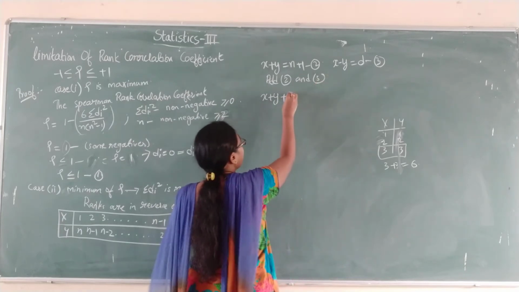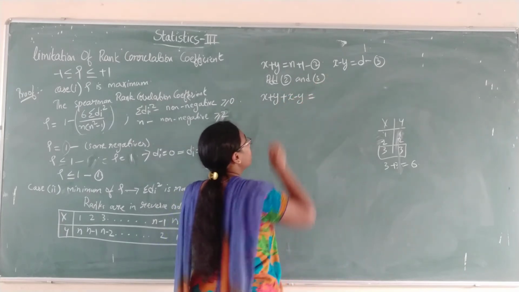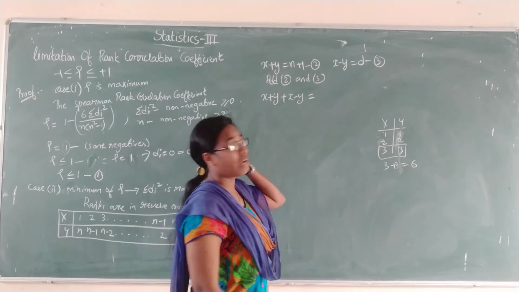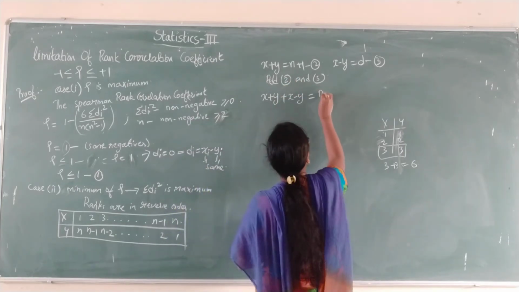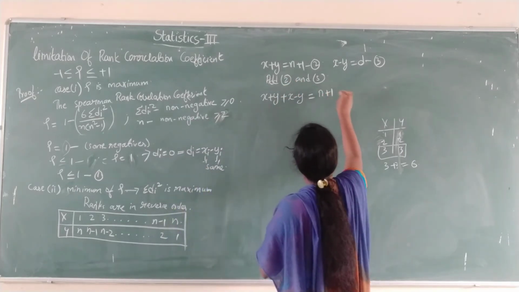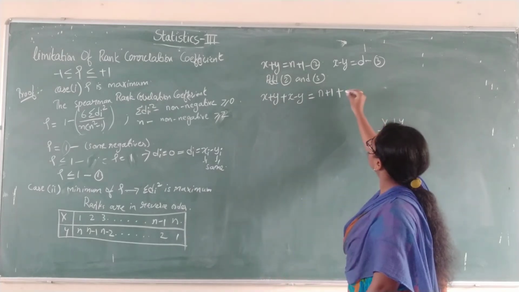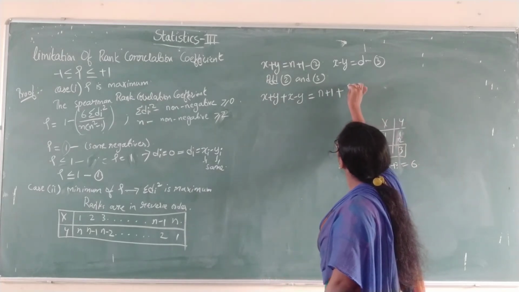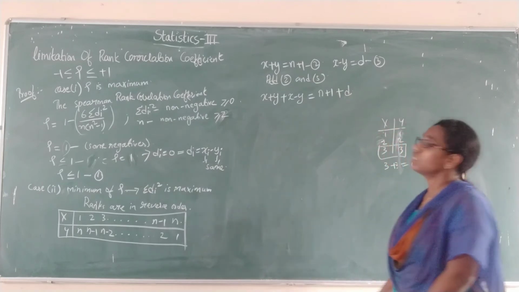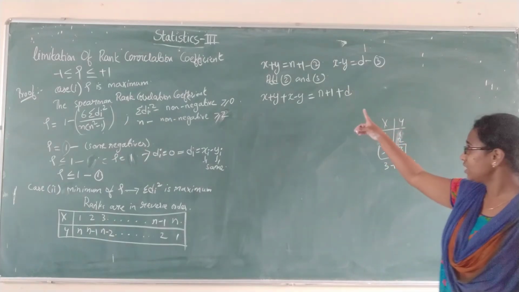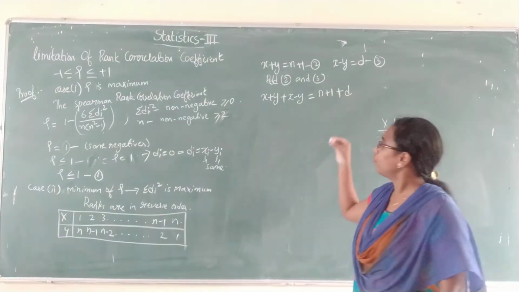We have x minus y equals d, and in the other equation you have x plus y equals n plus 1. So this is adding of two equations.